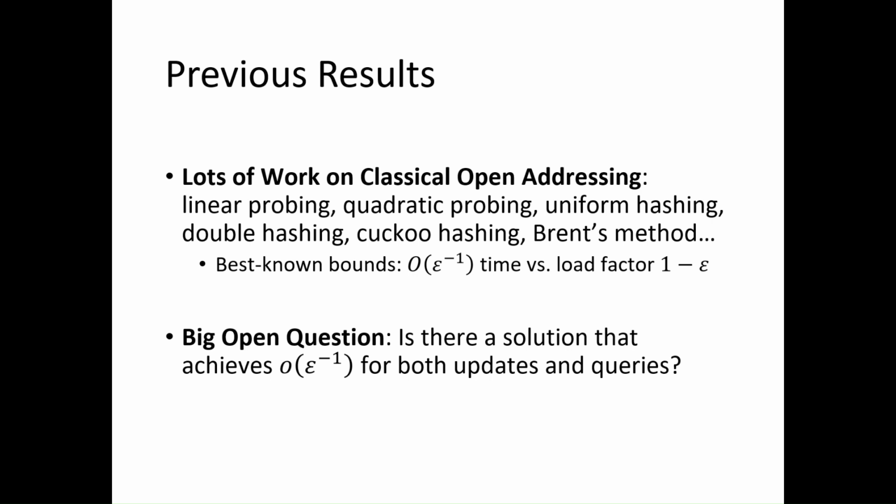There are some sophisticated techniques such that although the update time is still epsilon inverse, which is not improved, they can make the queries much faster, up to log epsilon inverse time. So along this line of research, the current big open question is whether there exists a solution that can achieve little o of epsilon inverse for both updates and queries.